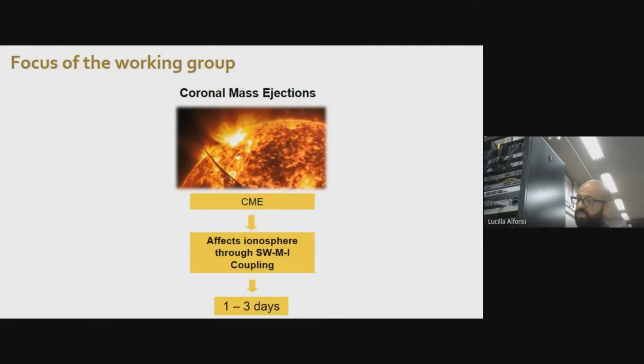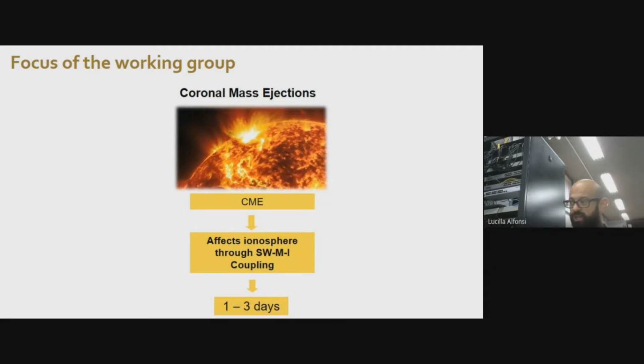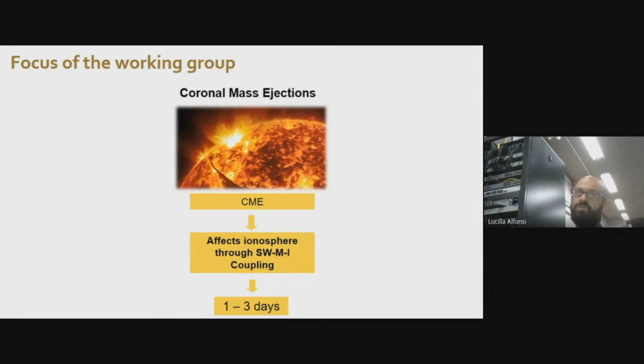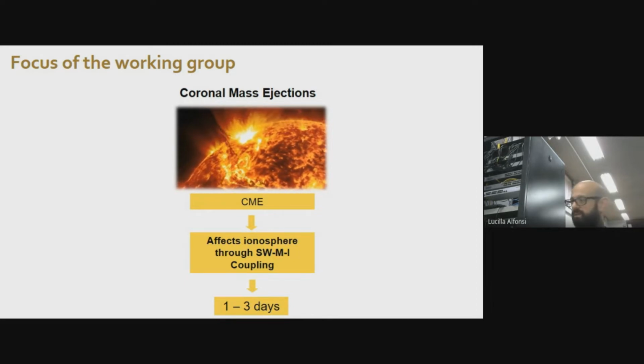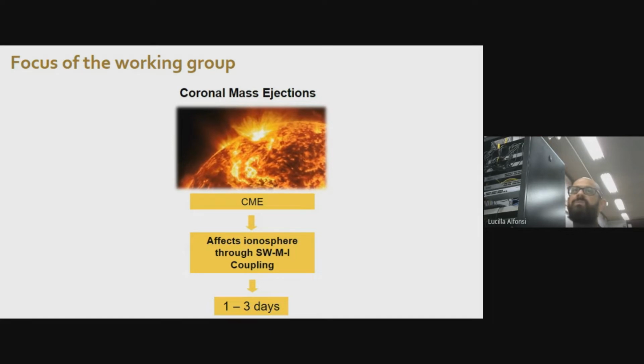So for what concerns the lesson today, we will concentrate on the effect of the coronal mass ejection on the ionosphere, just because this is, let's say, the most complex phenomenon that can affect the ionospheric behavior.